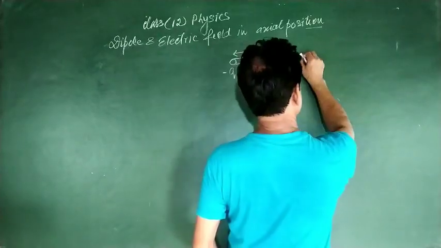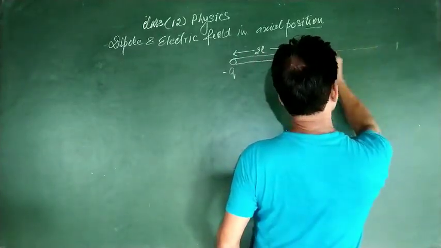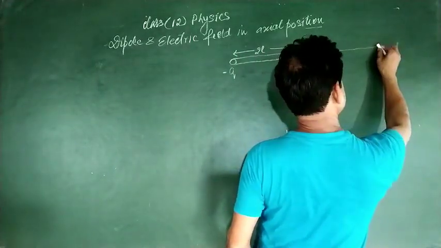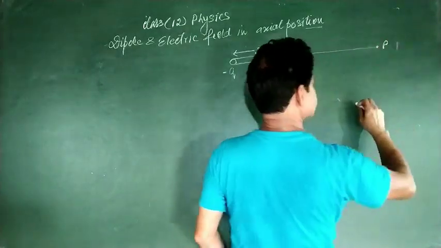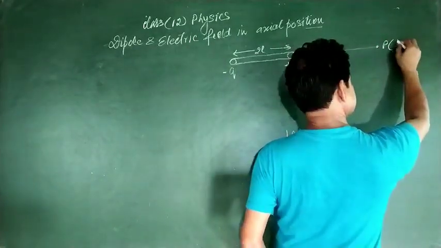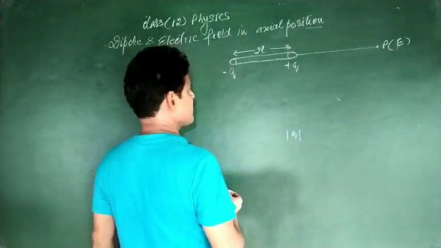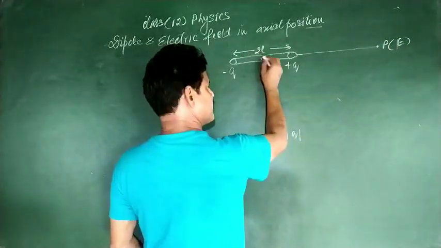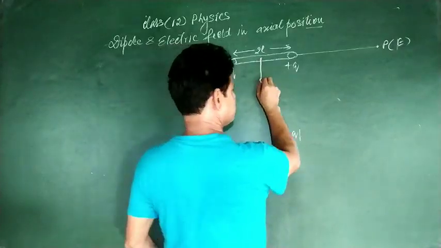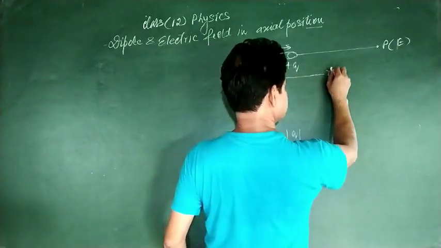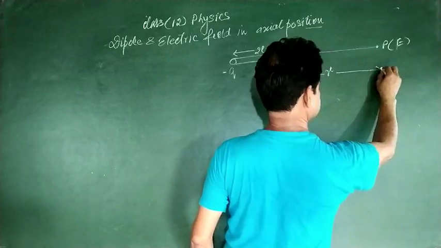Let us suppose that at axial position P we have to evaluate the electric field intensity, and from the center let the distance be small r.